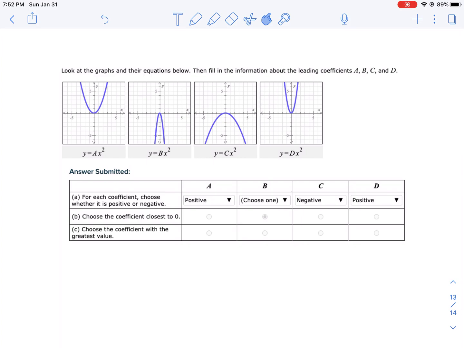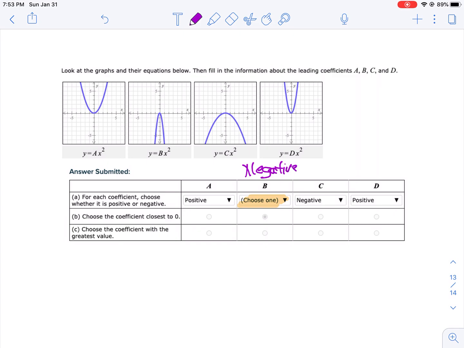You forgot to answer part B here. Or part 1, I should say. That is, if you look at graph B, is that leading coefficient positive or negative? Well, hopefully you're going to say it's negative because it's pointing down.